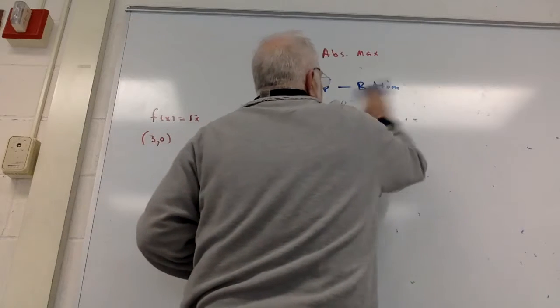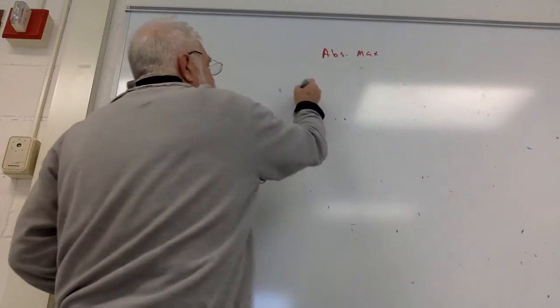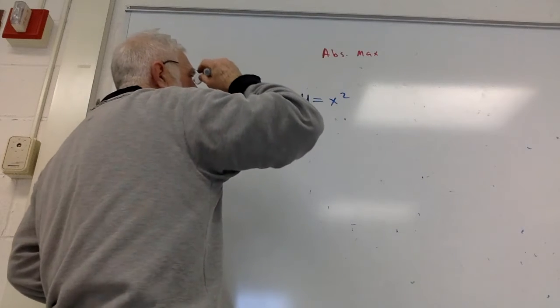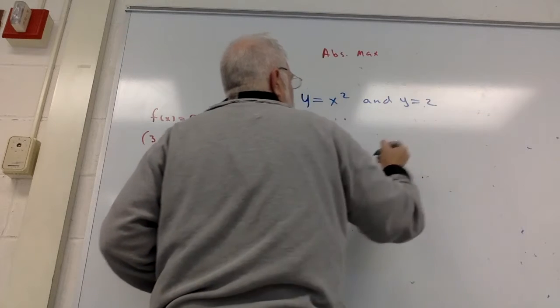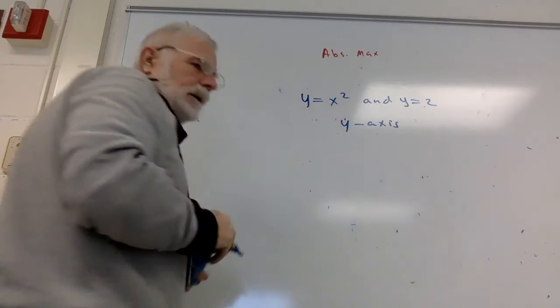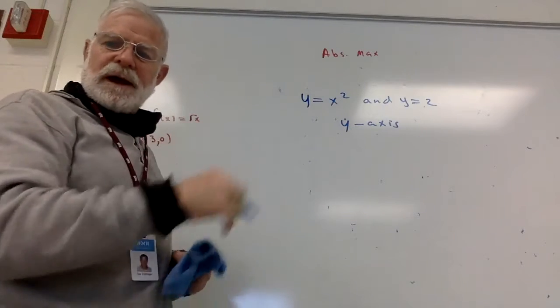All right, so let's rotate y equals x squared. The area bounded by y equals x squared and y equals 2. Let's rotate it around the y-axis. Just the first quadrant area bounded. We'll rotate it around the y-axis.